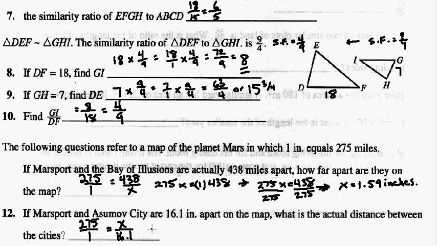And again, we're going to cross multiply, so 1 times x is equal to 275 times 16.1. So therefore, x equals 4,427.27.